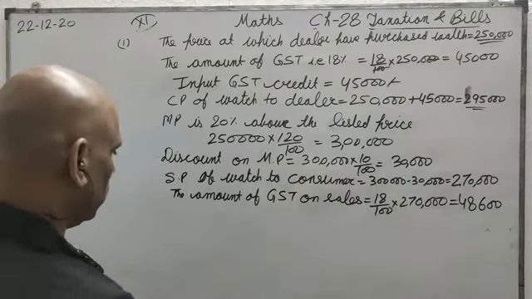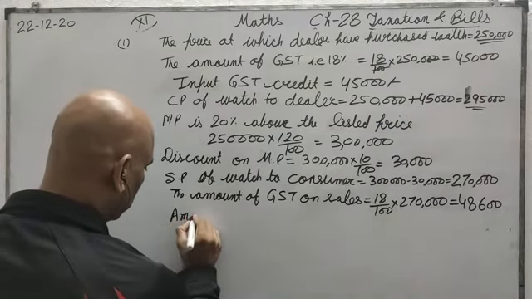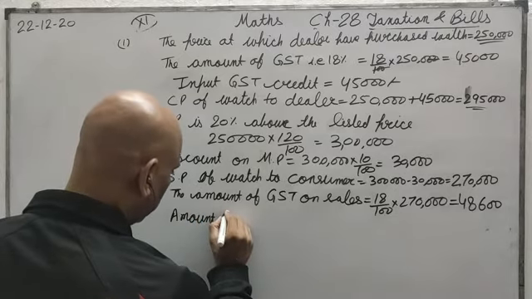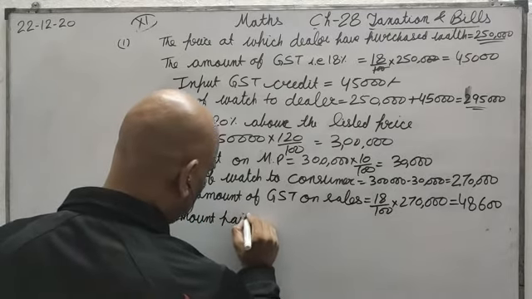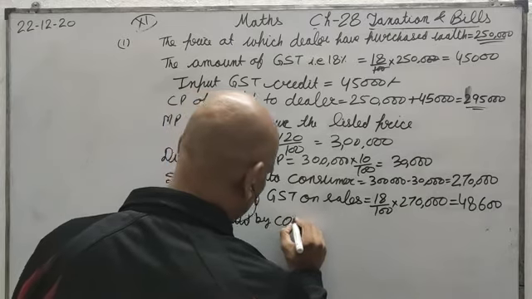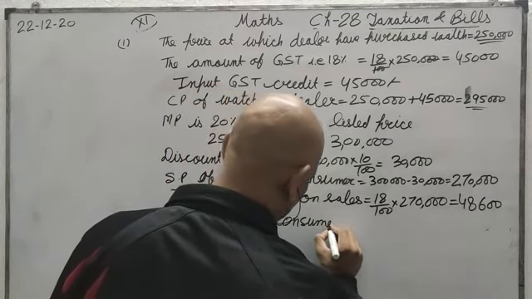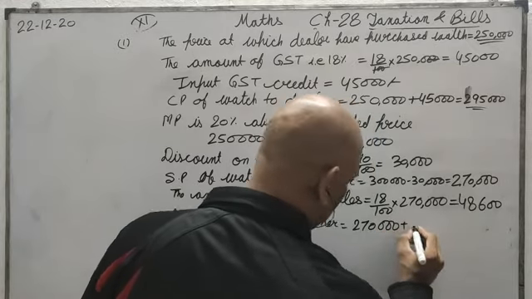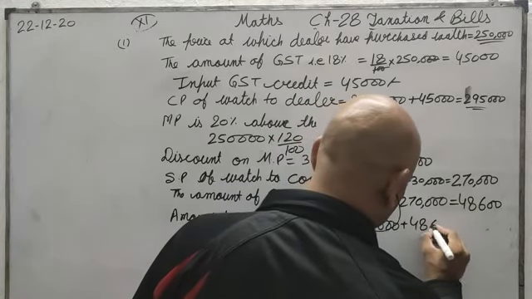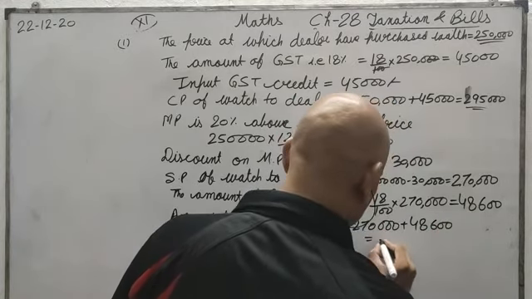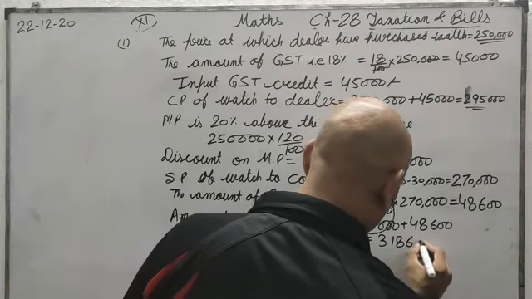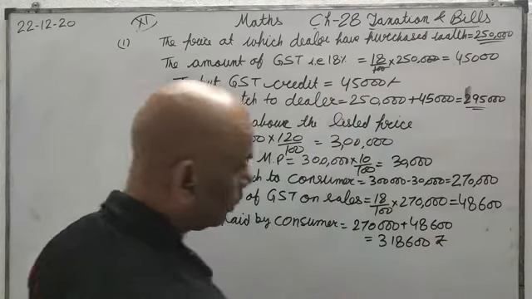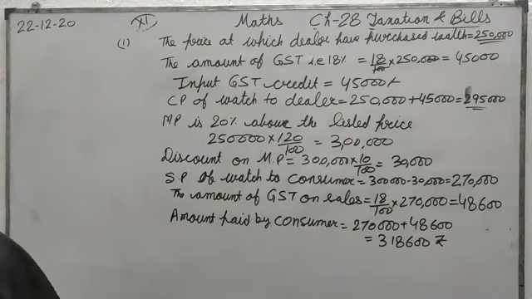So amount paid by consumer is 2,70,000 plus 48,600, so 3,18,600 रुपीज में ये वॉच खरीदेगा। अब क्या क्या वो पूछ रहा है?